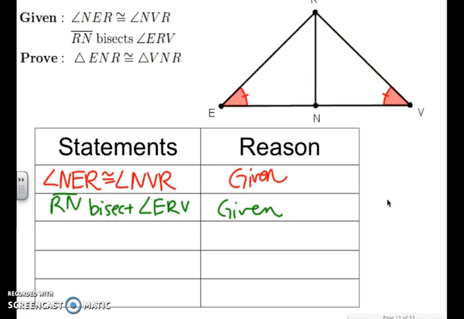Okay, so if RN is bisecting an angle, I know that this angle is going to be the same as that angle. Okay, so what I can now say is what I just marked. So I marked that ERN is going to be congruent to VRN.